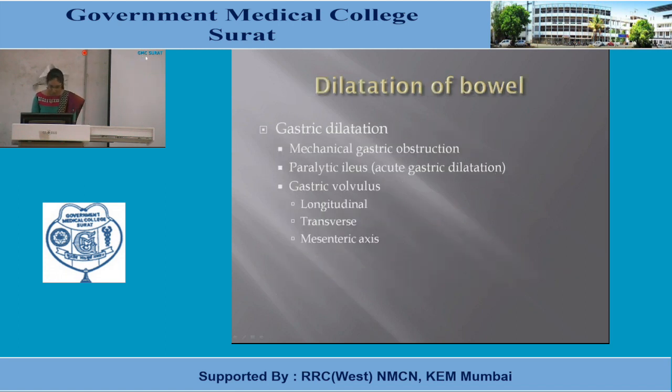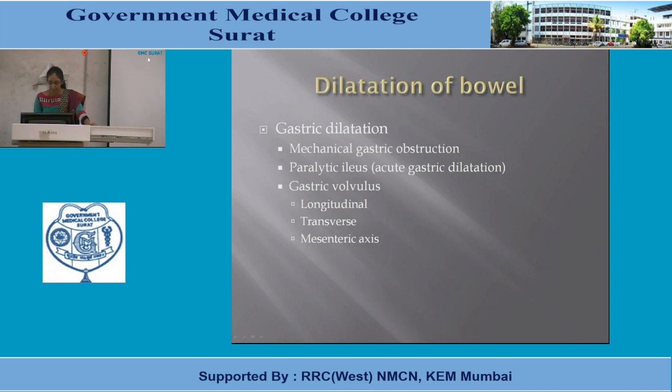On X-ray abdomen, we can see dilatation of the bowel. Dilatation of the bowel may be gastric dilatation, small bowel dilatation or large bowel dilatation. Causes of gastric dilatation are mechanical gastric obstruction, that is due to some mass lesion within the stomach, pyloric region, or some external compression of pyloric region by surrounding organ or mass lesion.